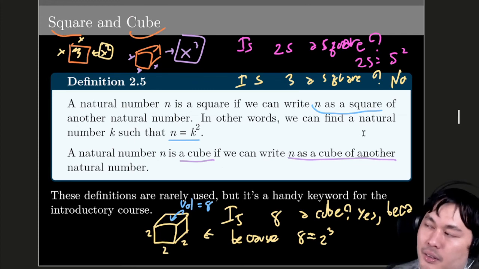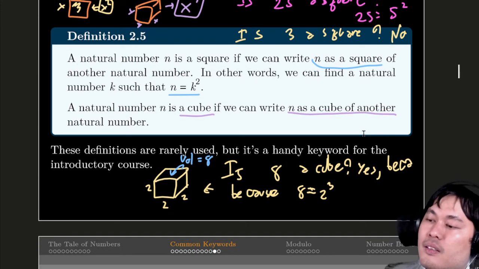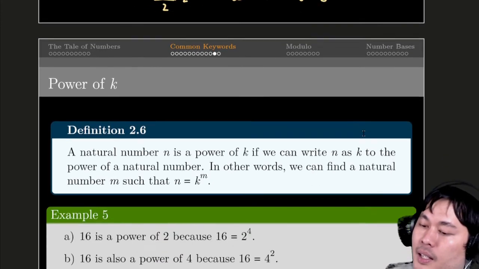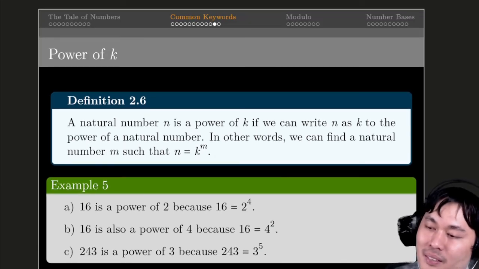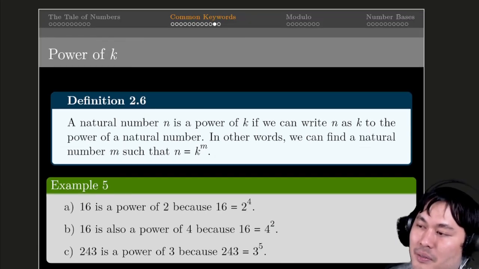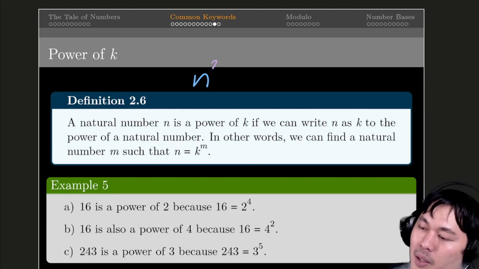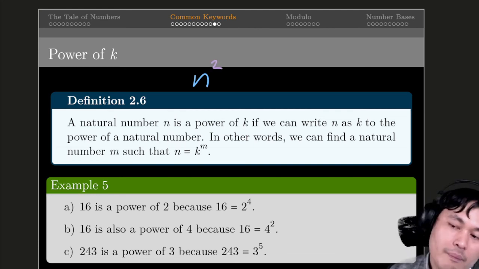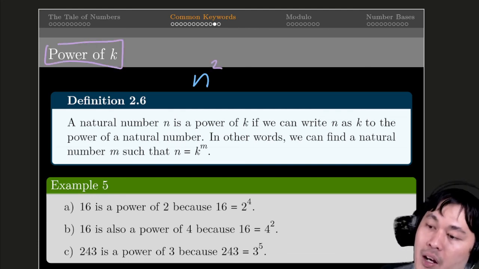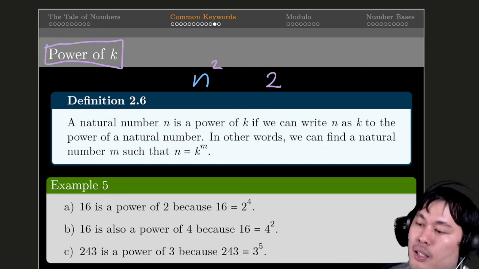Again, not a serious definition, but you may see it somewhere. And lastly, and this is more common. For square and cube, you have a variable or a number below, and then you have a number on top. For the power of k, it's the other way around.